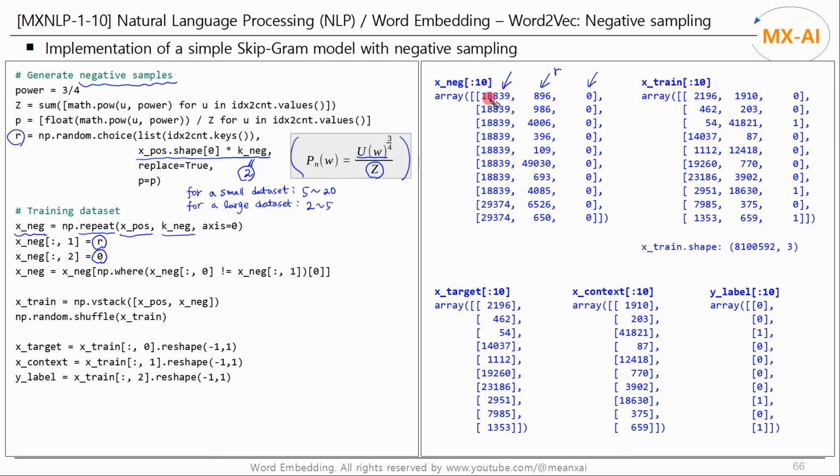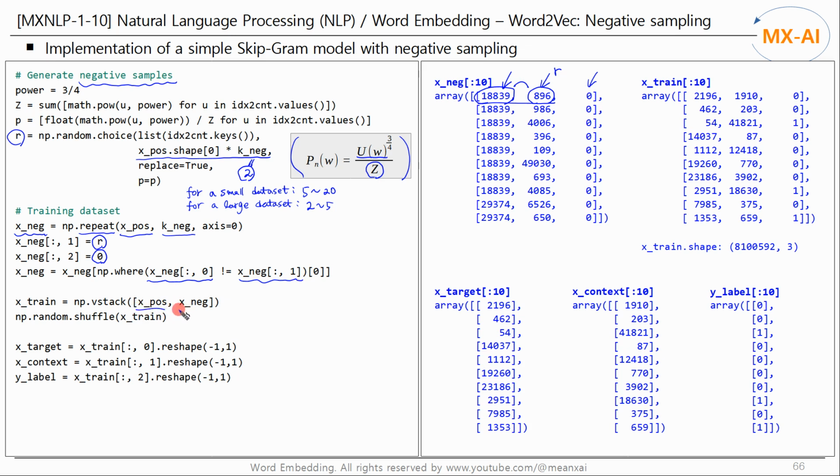This indicates that each pair is a negative pair. Since this word was chosen randomly, these two words have no relation to each other. If the words in the first and second columns are the same, they are removed.